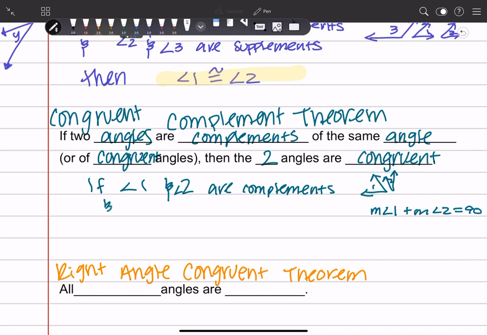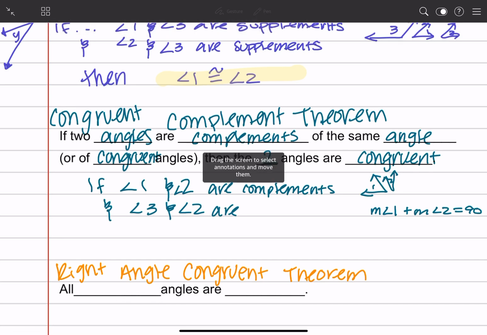And angle 3 and angle 2 are complements. Let me move this over a little bit.